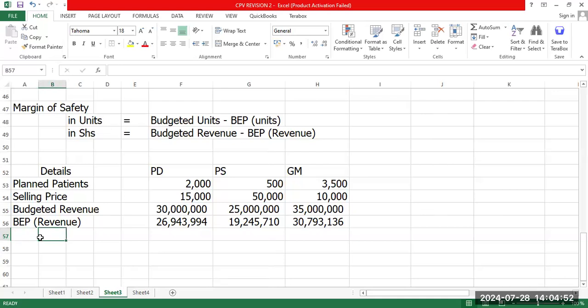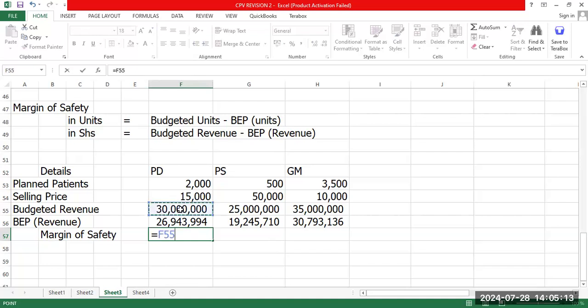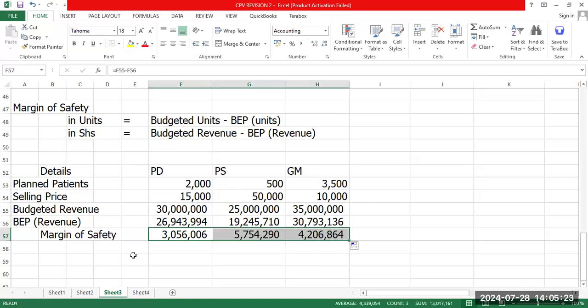So once you have that, you can get margin of safety. We said from now we are getting it in terms of shillings. So it is budgeted revenue, which is this one, minus this. And that is our margin of safety in shillings.